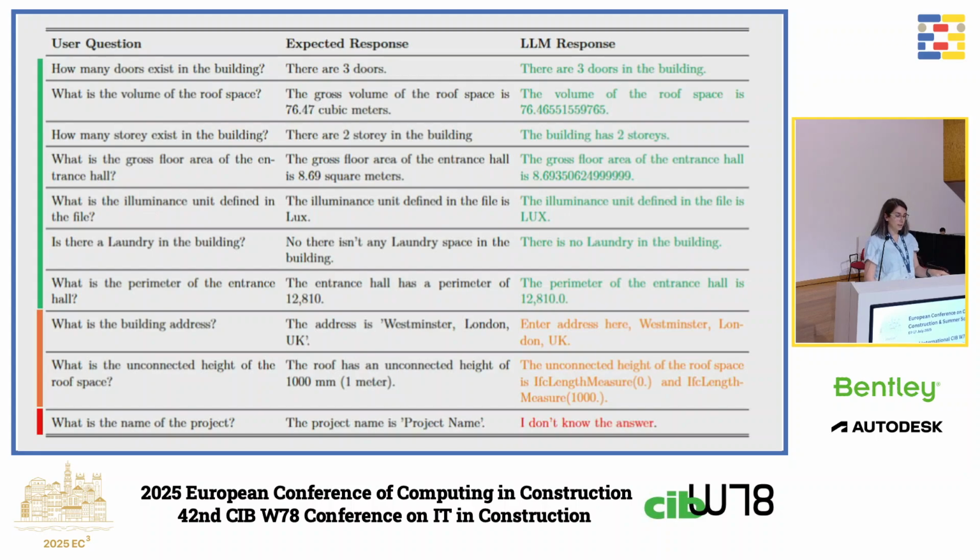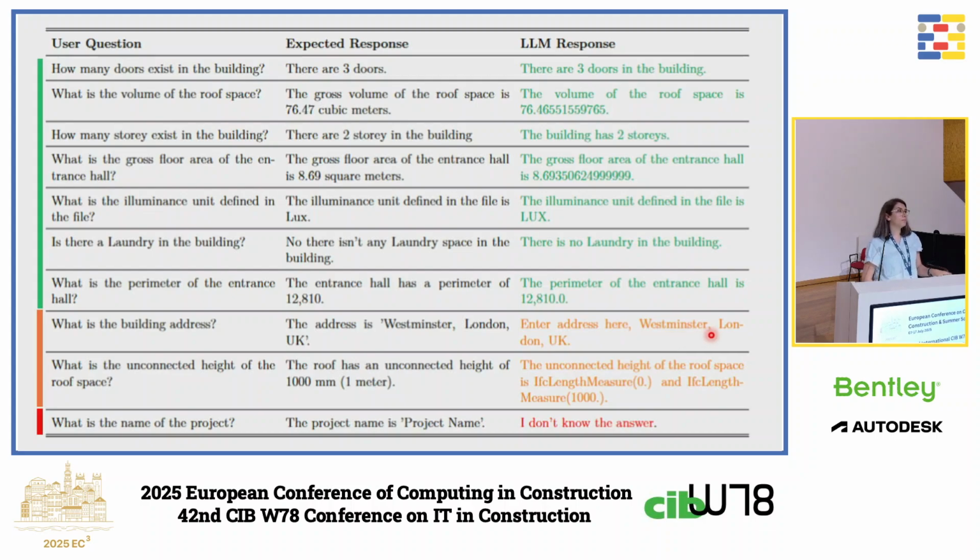For example, what is the building address? You can see the expected response was the address is, let me open it. Yes, here. So for example, this is the address, and the response from the large language model is the address here and the address.